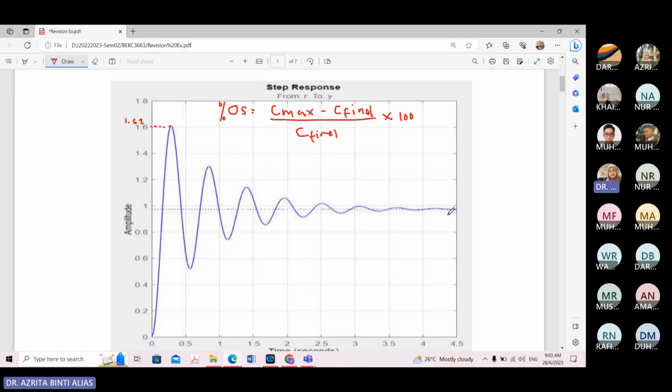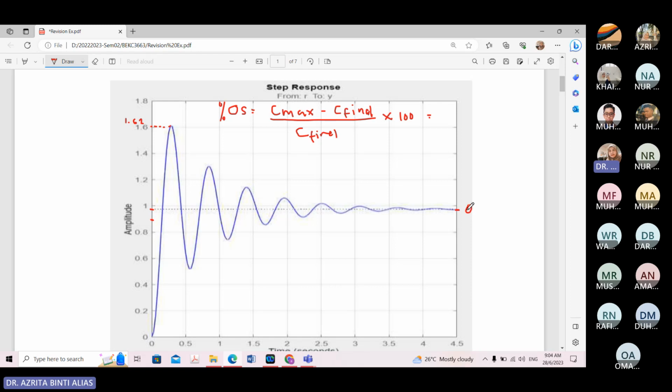Okay, so from here, our C final is somewhere here. So maybe we can put our C final, 0.9 is here, so our C final is about 0.98.